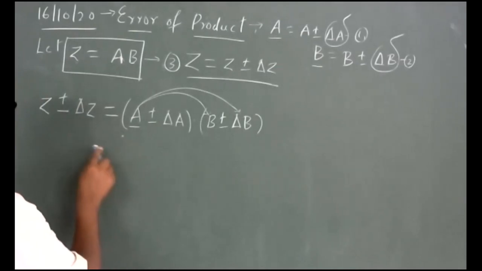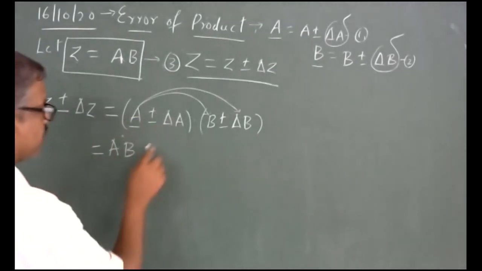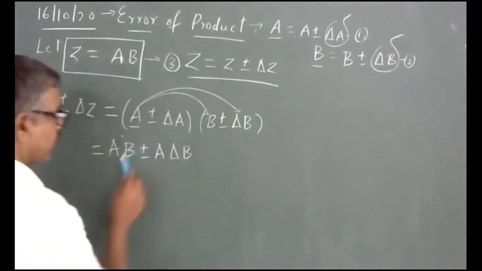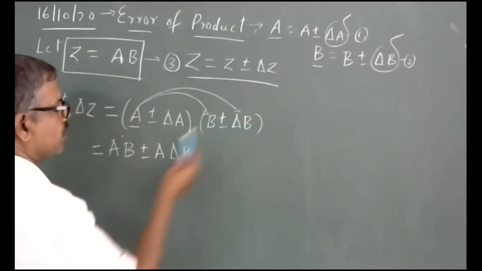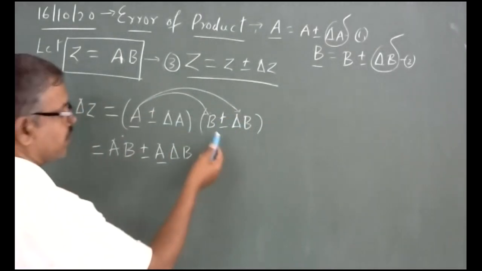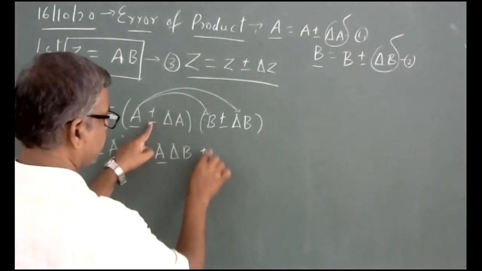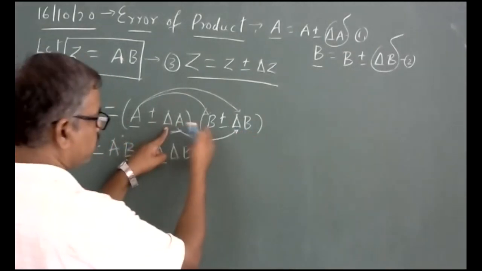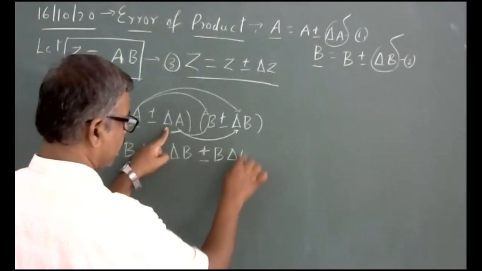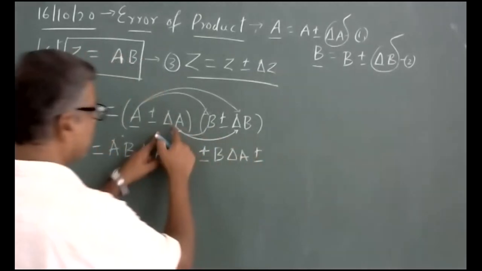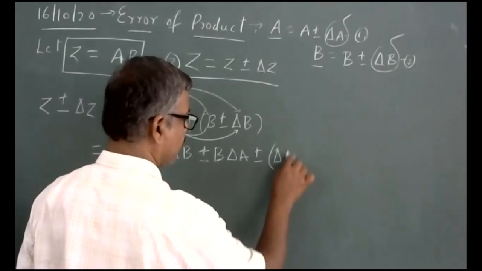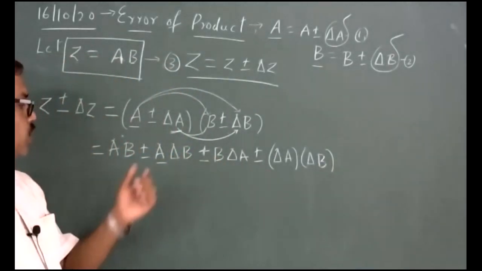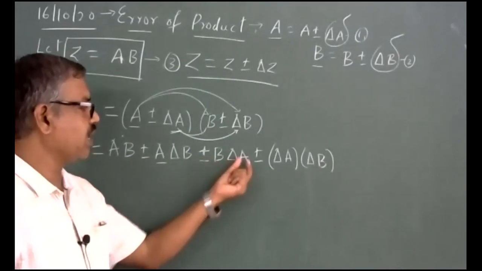It is equivalent to AB, then plus or minus A delta B. Then the second part multiplies with B, so plus or minus B delta A. Then again plus or minus delta A delta B. So I got 4 terms: AB, A times delta B, B times delta A, and plus or minus delta A delta B.